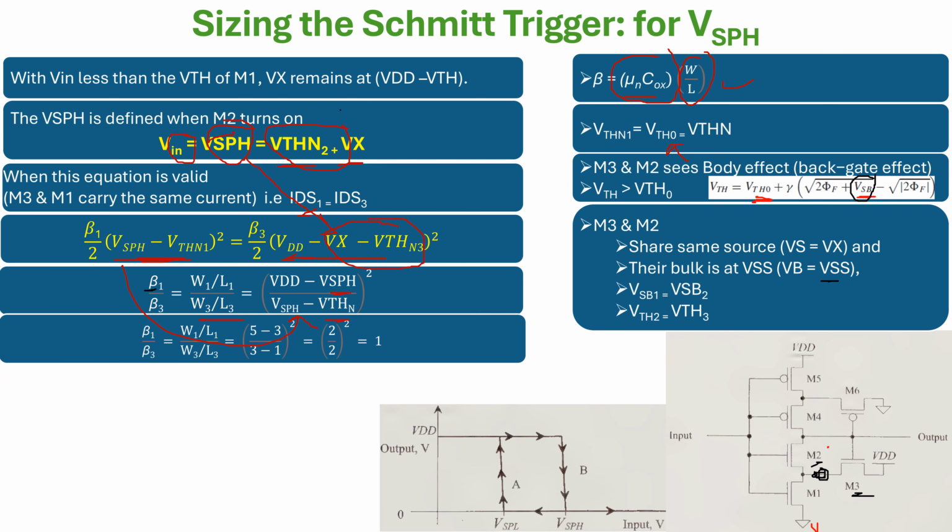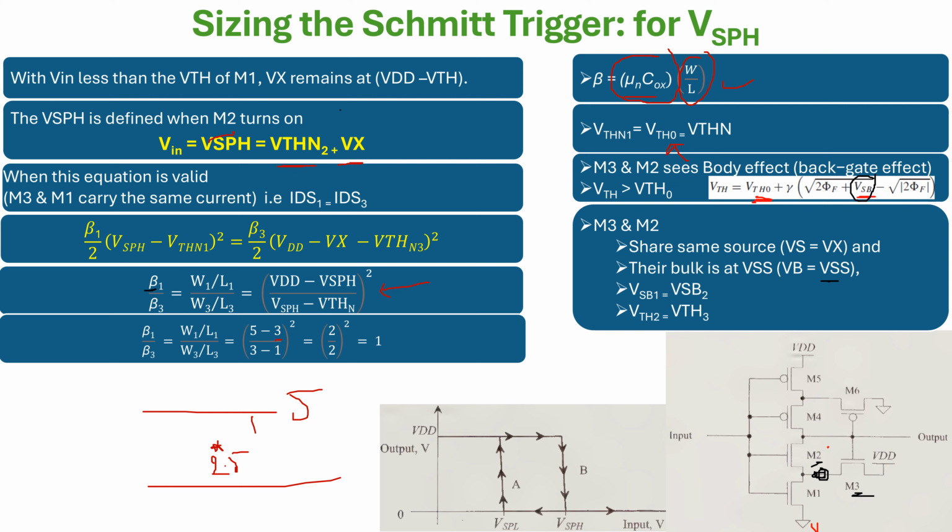Let's do some calculations now. It's very clear, right? So we derived it. How do you size W by L? By using this formula. Assume for a moment you have taken VSPH equal to, say, 3 volts. For example, 5 volts is the VDD. It is supposed to switch at 2.5, the midpoint for a CMOS inverter.